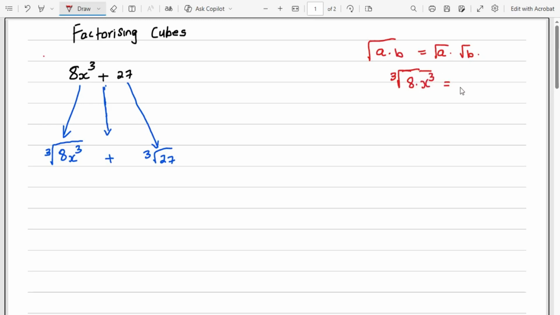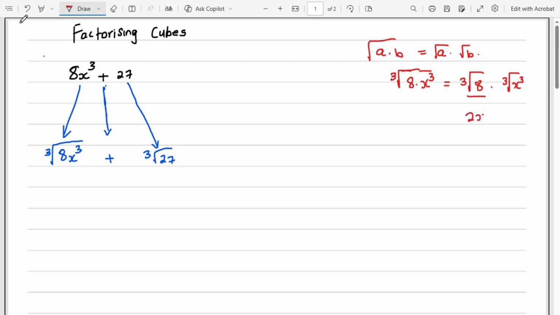I'm going to write this as the cube root of 8, multiplied by the cube root of x to the power 3. If you punch the cube root of 8 on the calculator, we get an answer of 2.